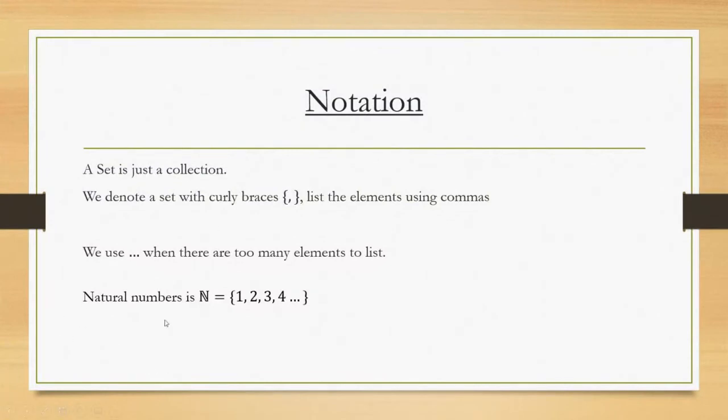So for instance, we have 1, 2, 3, 4, but after 4 the next element would be 5. Hopefully you can see that, because the pattern is obvious. You just keep on adding 1. And the natural numbers for us is just the set of positive integers.